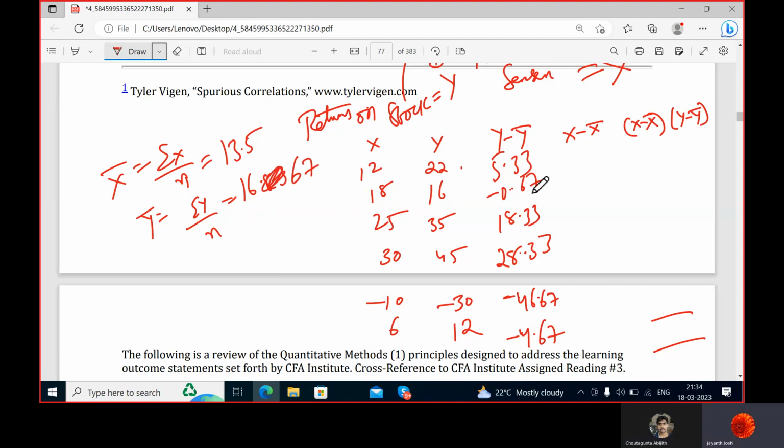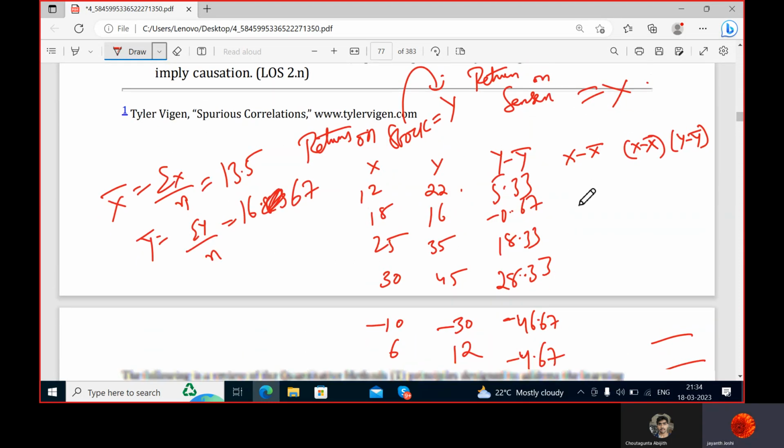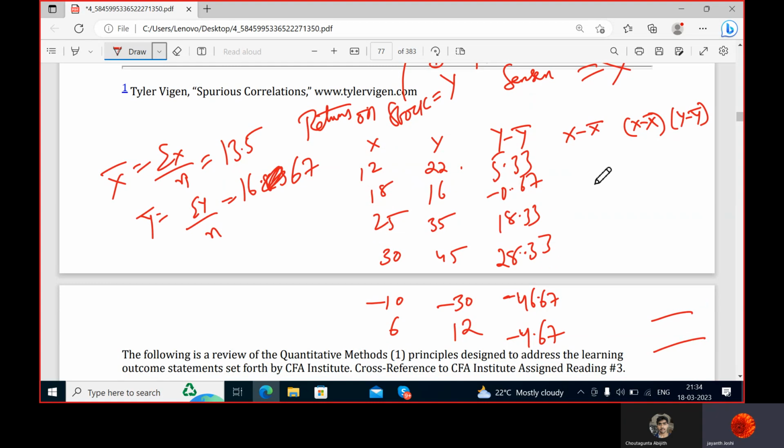I got 16.67 roughly, and you got 16.83. Okay, that's nearby. Now X minus X bar. See, X is 12 and X bar is 13.5.